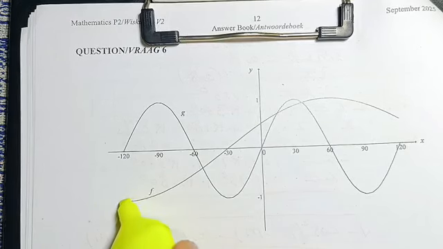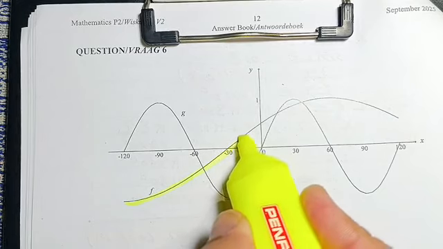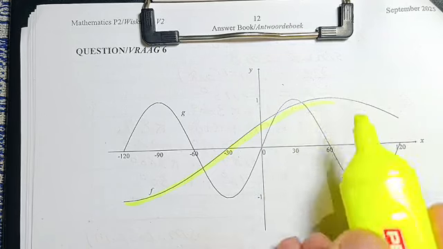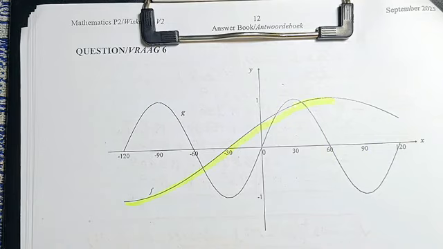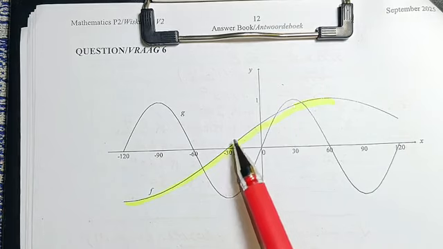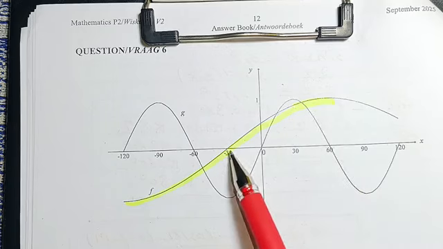So there is the first derivative. I'm going to highlight here. This is the first derivative increasing till here, which means it's positive. Now we can compare. Above the x-axis, f is positive, and the first derivative is positive as well, you can see.